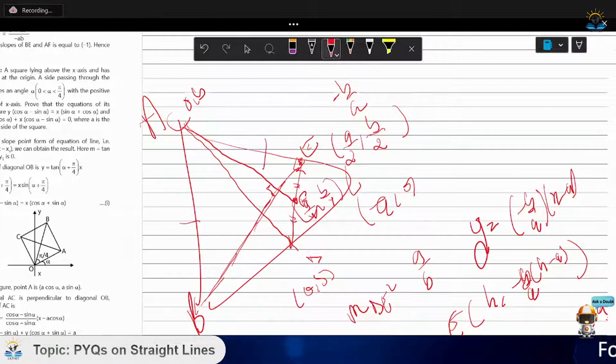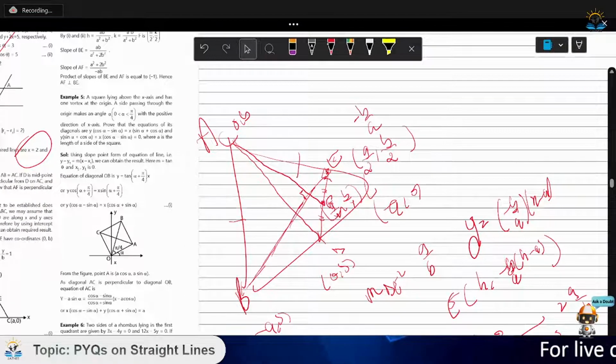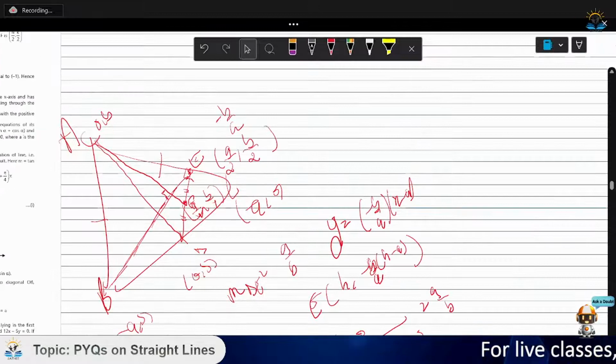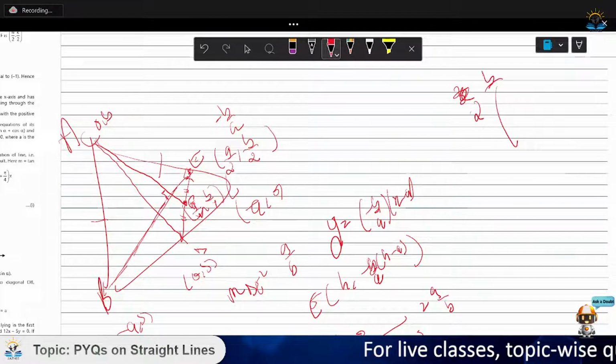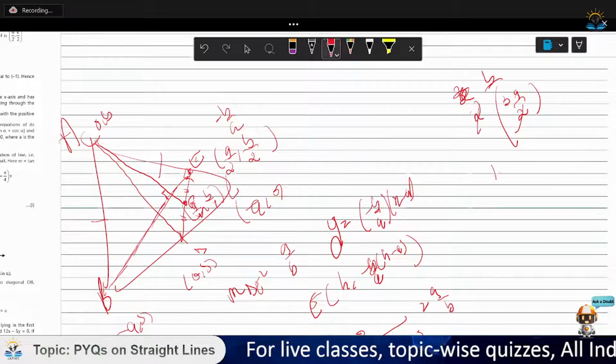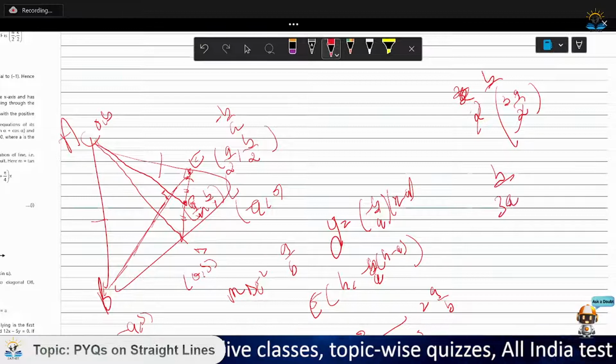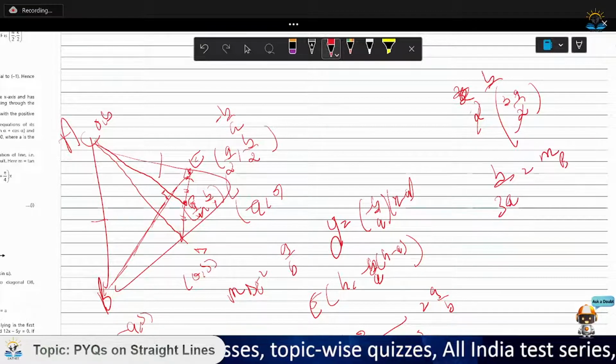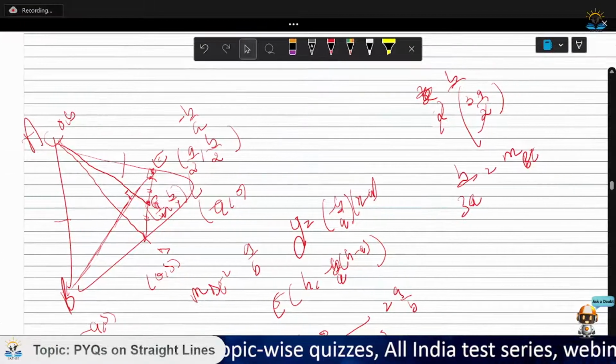So now calculating the slopes BE and AF. The BE slope looks like B by 2 upon 3A by 2. So 2 and 2 get cancelled, so B by 3A is my M of BE.